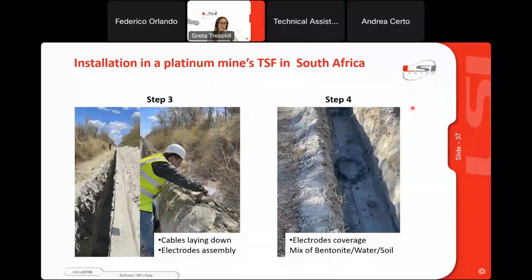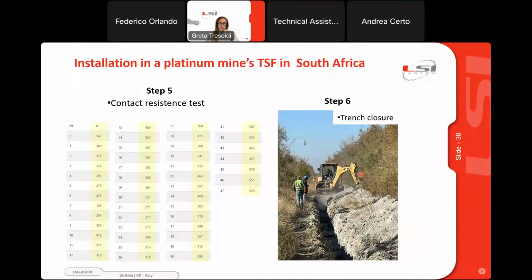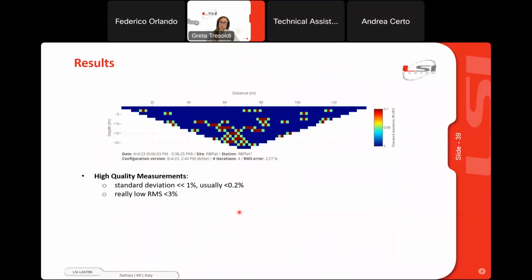Here again, the installation of the cables, the coverage of the electrodes, the contact resistance test. Here, these values are a little bit higher, but still okay. What you can also check in the platform is the quality of the data. So not only the contact resistance, that is one diagnostic tool, but also the standard deviation of the measurement.